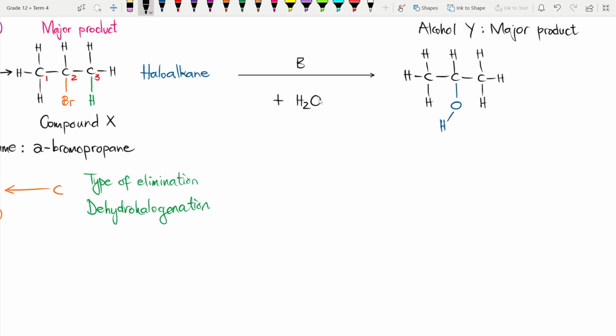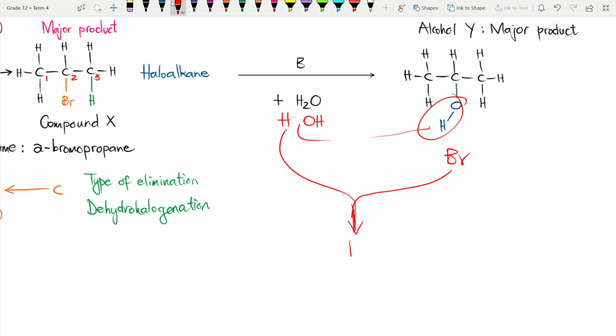And when we do that, the OH is going to go and attach to this carbon, while the other H, because here I'm pulling away the OH to go here, the other H will combine with the Br that came from there to again form HBr. I don't know if that makes sense.